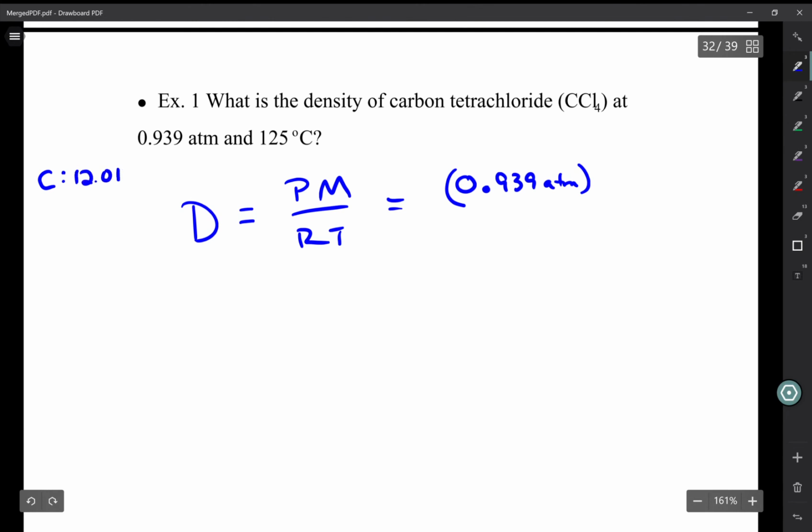C is 12.01 grams per mole. Chlorine, 35.5 grams per mole. If we add that up, when I did it myself, I got 153.81 grams per mole.